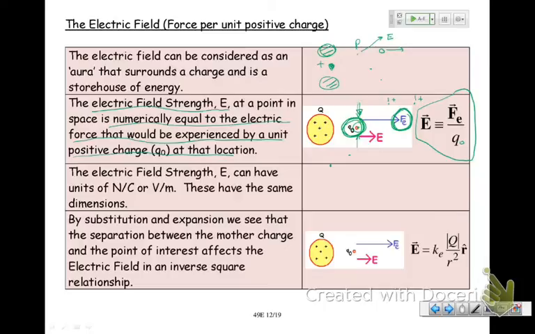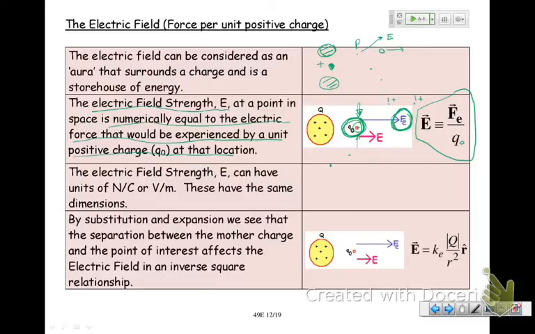But in a way that's cheating, because I'm putting a second charge in and saying, oh look, this charge feels 5 newtons, and this charge is 2 coulombs. So my electric field is 5 divided by 2.